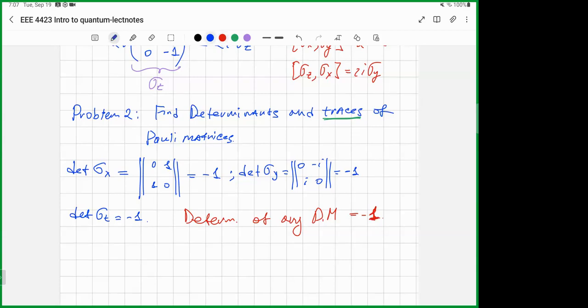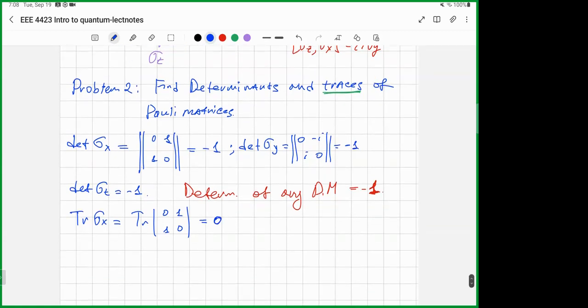And what about traces? We denote this as trace of sigma x, which is equal to the trace of 0, 1, 1, 0. The trace is the sum of the diagonal elements. So in this case, the trace is equal to 0, just because this is 0 plus 0.